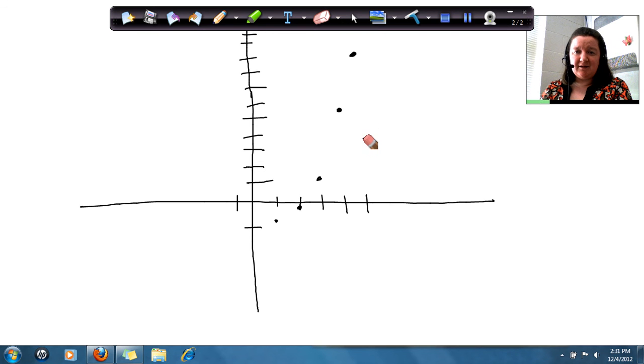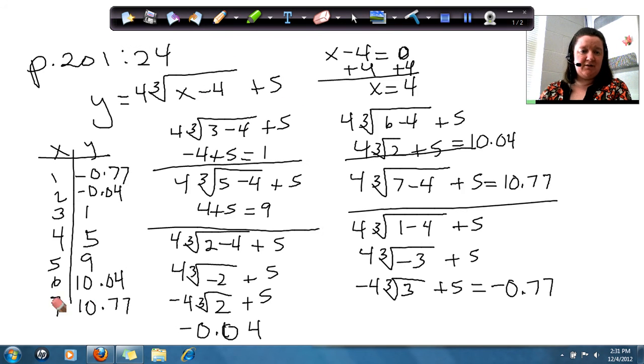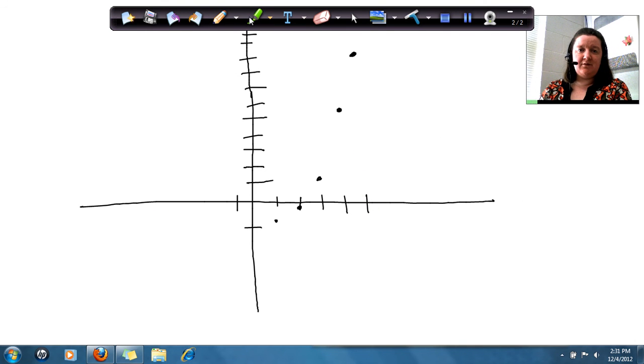Let's erase those little tiny ones over there. Let's go back. We need 6 and 10.04. So we'll be over at 6, and we're going up to 10, and we're just going to be just a little bit past that.